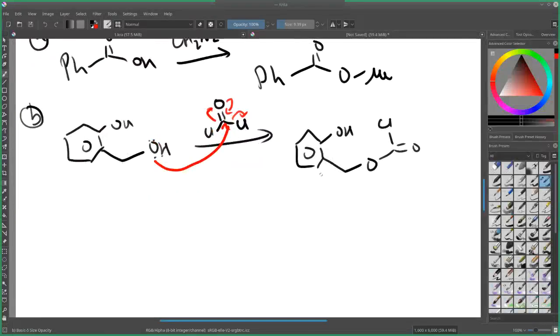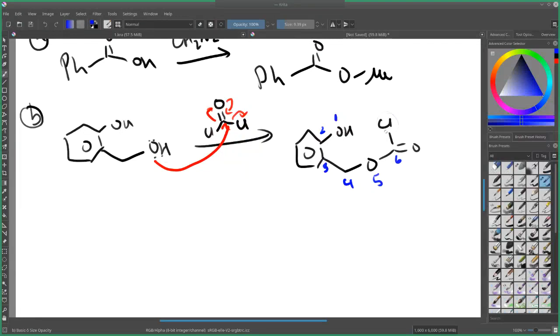Okay, and now we're over here, and this is kind of nice because we have an acid chloride, right? So not only do we have an acid chloride, we also have, maybe let me pick a really different color, now we have 1, 2, 3, 4, 5, and 6 things here. Okay?